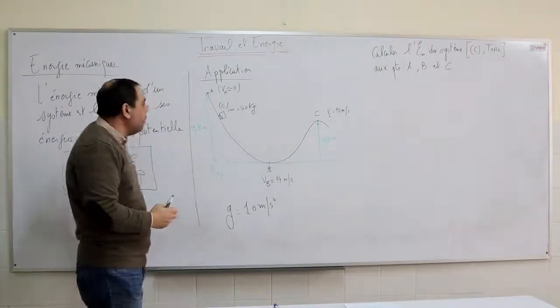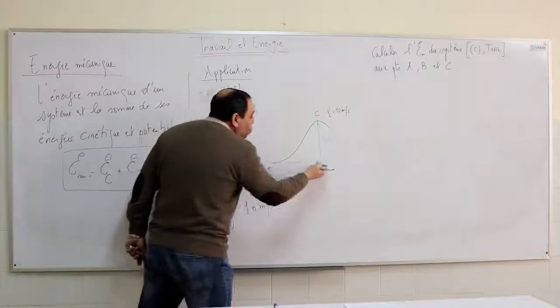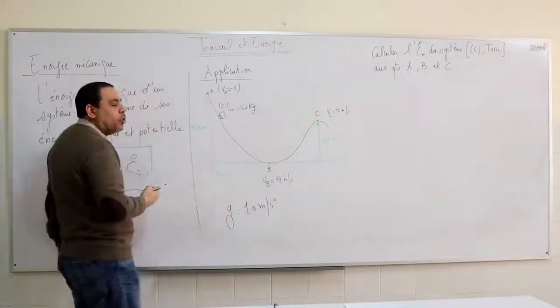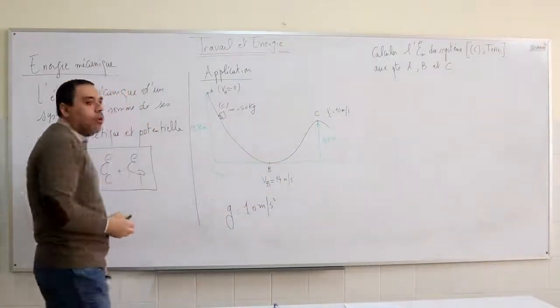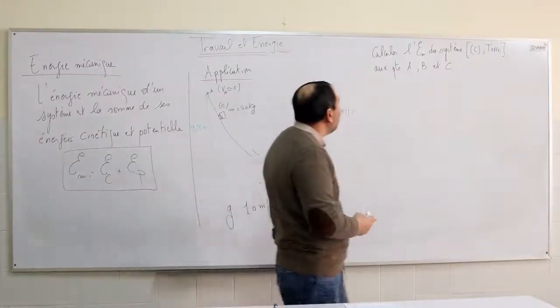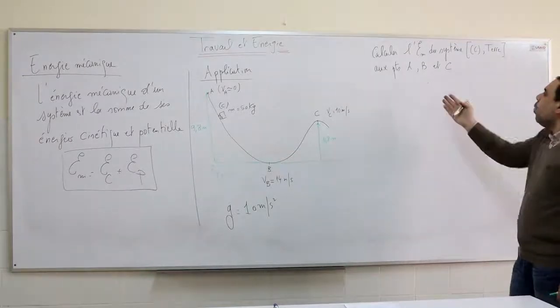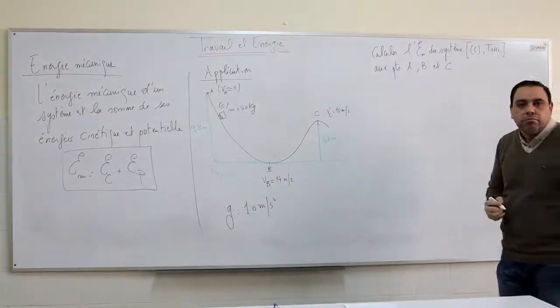The height of point A relative to the gravitational potential energy reference is 9.8 meters. It is required to find the mechanical energy of the system (cart, Earth) at points A, B, and C.